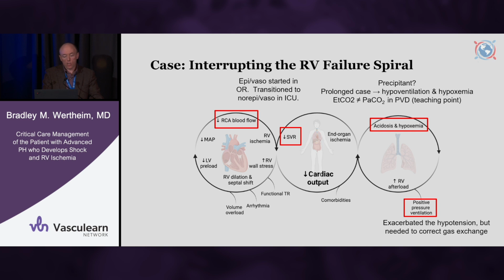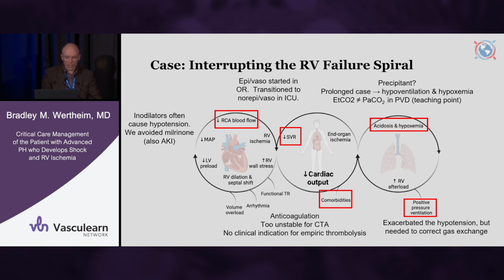We supported coronary blood flow initially with a strategy that was started in the IR suite of epi and vaso. And in the ICU, he was transitioned over to norepi and vaso. And we avoided inodilation here, given the concern that this guy was holding on based on his SVR. If we started milrinone, especially in this patient in renal failure, he's going to get hypotensive and we could risk further compromising RV blood flow.